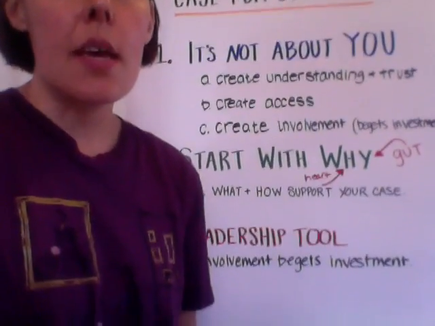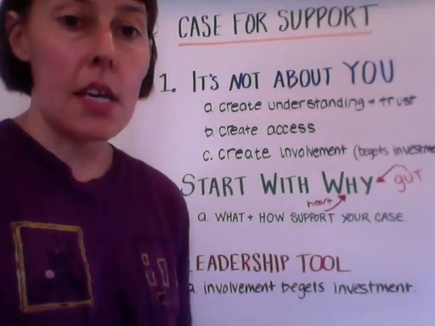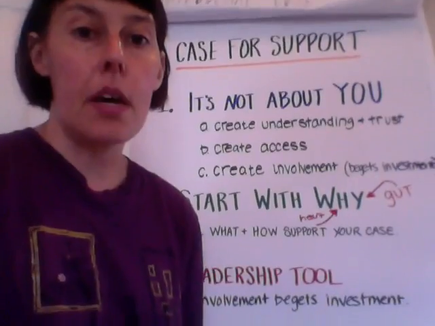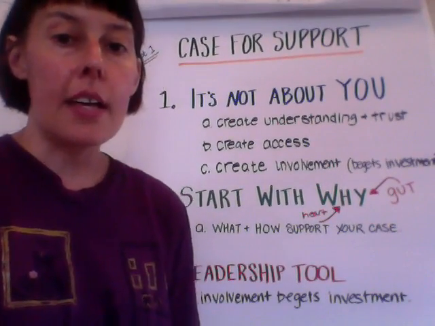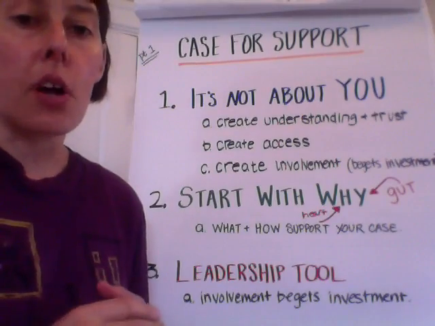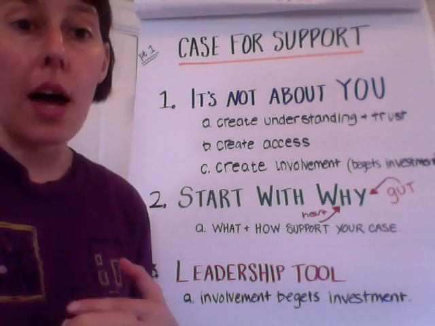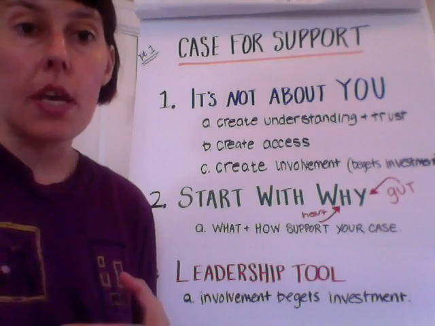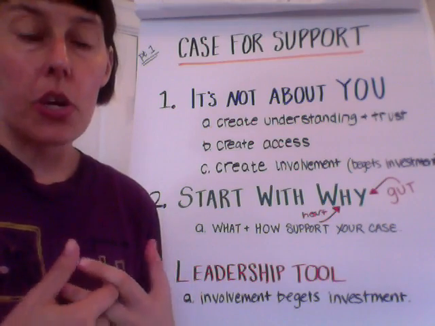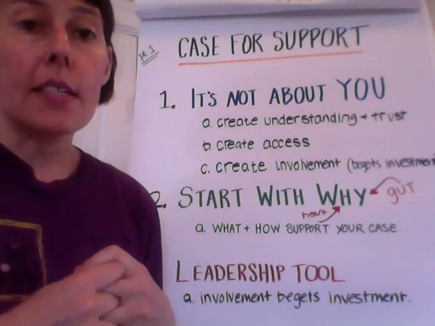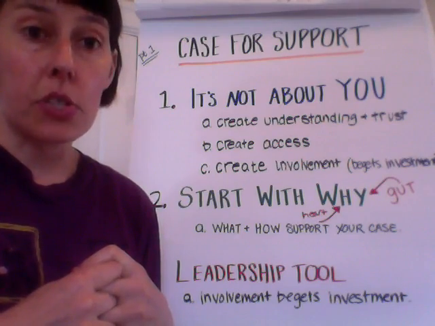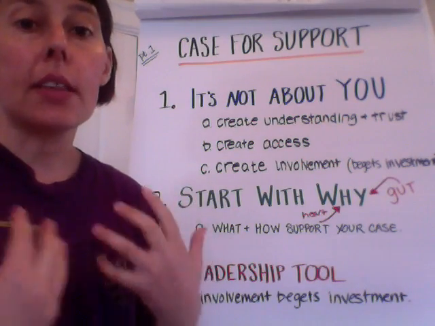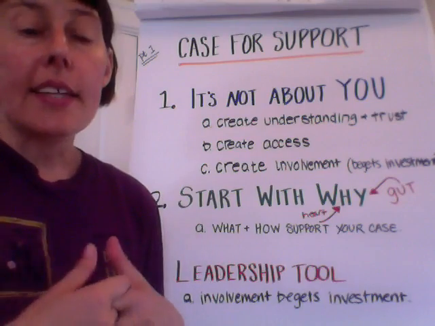The second piece around the case for support as a leadership tool is that it really starts with why, and that why is very important. Oftentimes, research shows, and what I notice in marketing and also with social change leaders, we tend to lead with what and how.